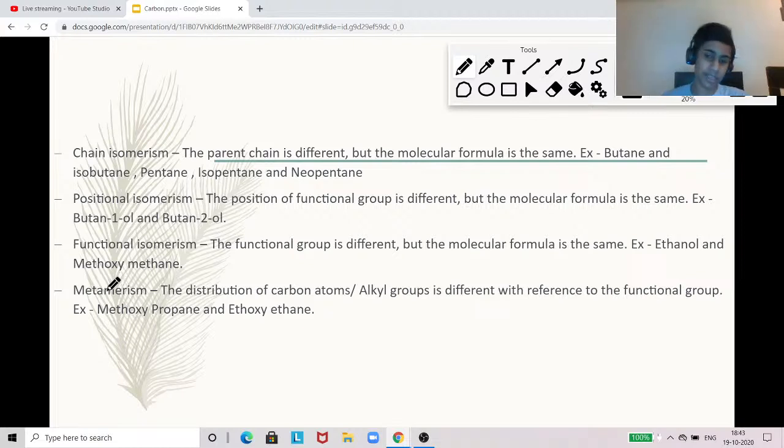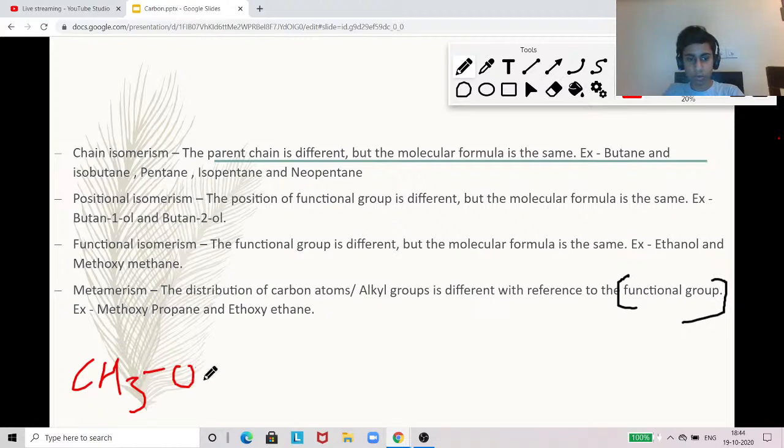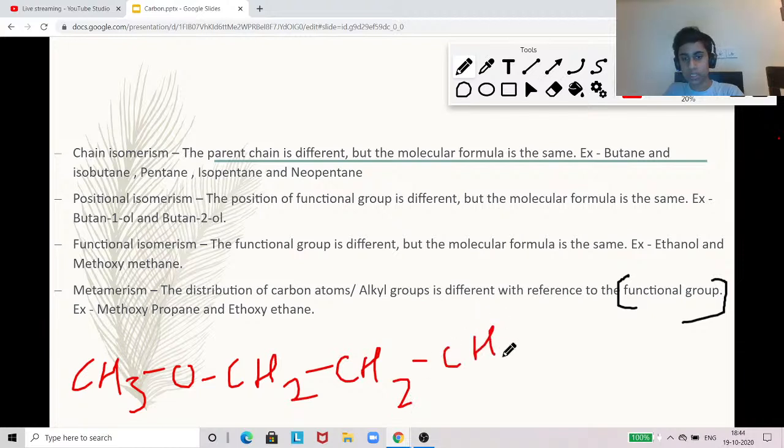Now metamerism is almost the same as positional isomerism. We look at an example. The distribution of carbon atoms or alkyl groups is different with reference to the functional group. So methoxypropane and ethoxyethane, or methyl propyl ether and diethyl ether. Methoxypropane is just CH3 O CH2 CH2 CH3.